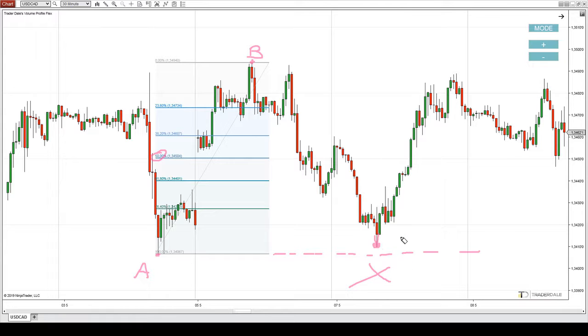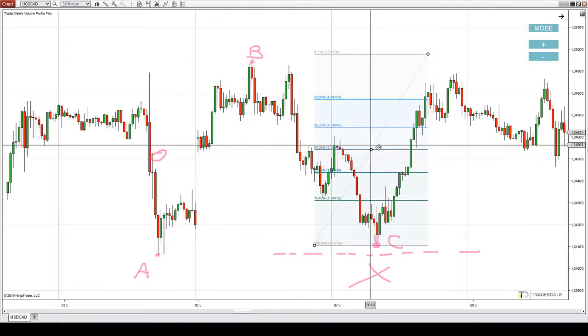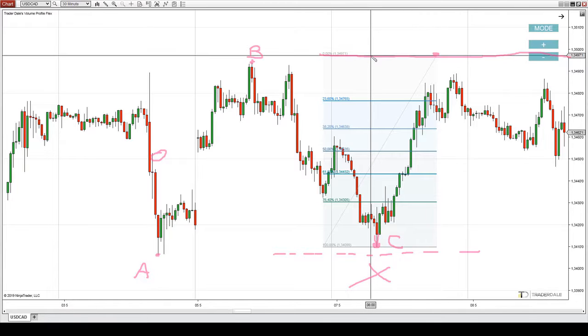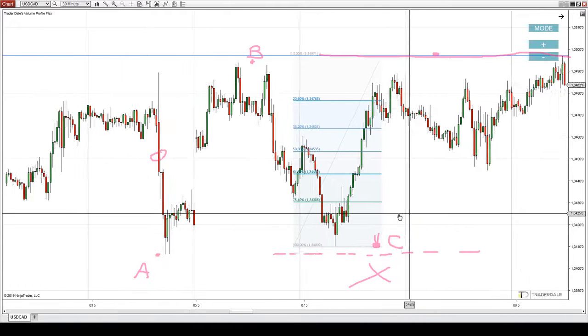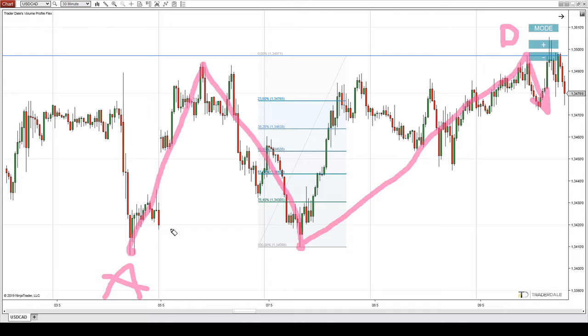So this is the point C. Again, you move the tool like this, and this will be the D line. This will be the resistance you're looking for. So A, B, C, D. Here the price hits the level and you go short. A, B, C, D.